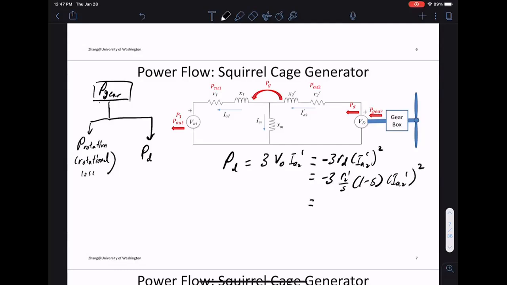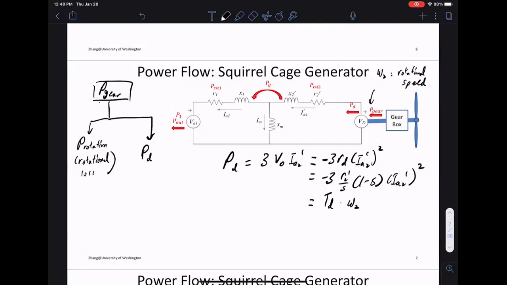And this is equal to the developed torque multiplied by the rotational speed of the turbine after the gearbox. So at this point we have omega-2, the rotational speed. So we can relate the developed power, which is measured in watts, to the developed torque.